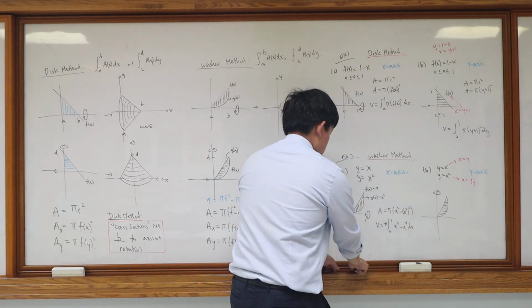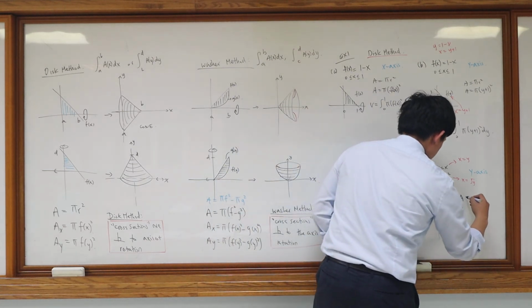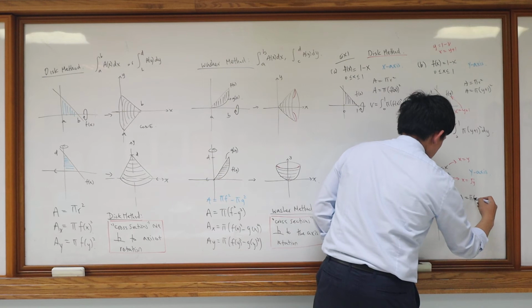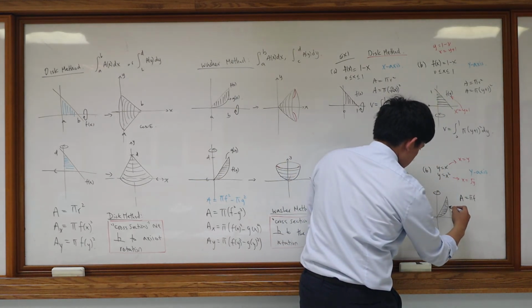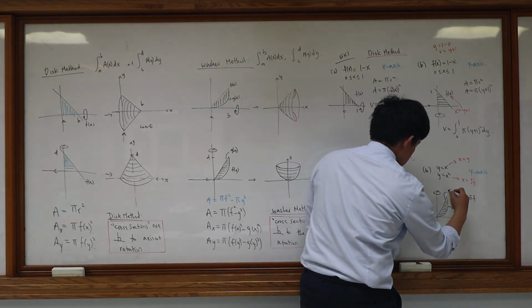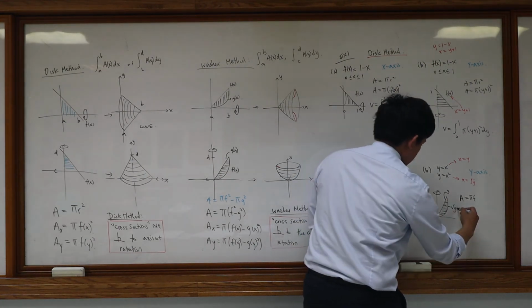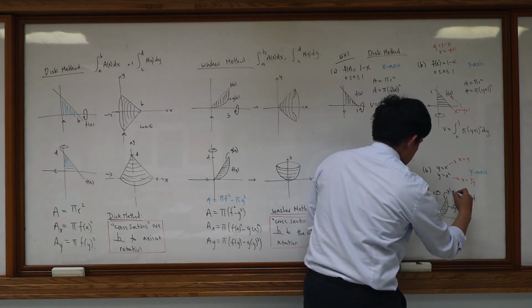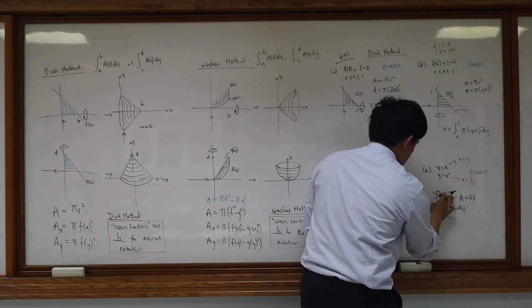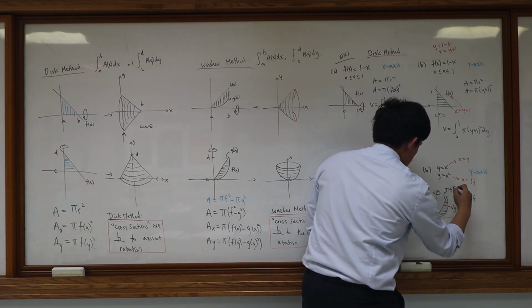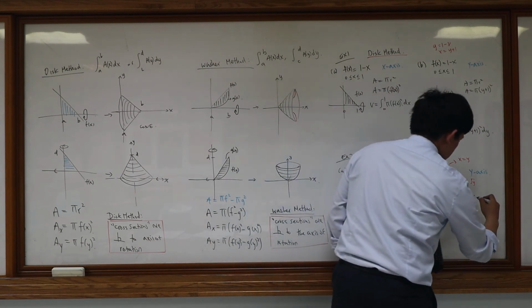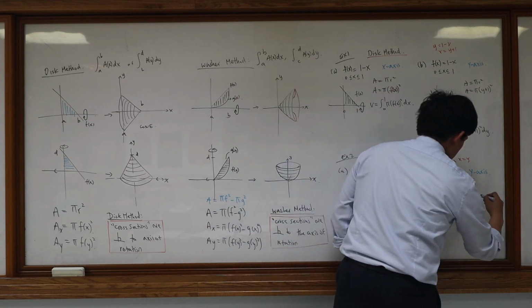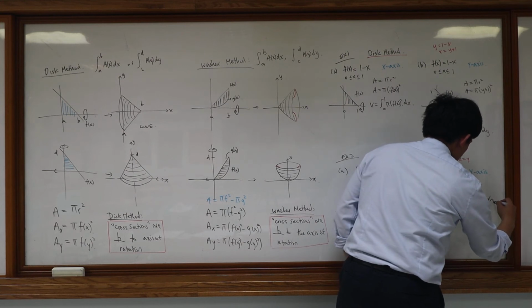So my area here is equal to pi times f. Okay, let's just label this. This is square root of y, this is y. So this is f of y, and this is g of y. In that case, top function and bottom function: f of y squared minus pi times g of y squared.